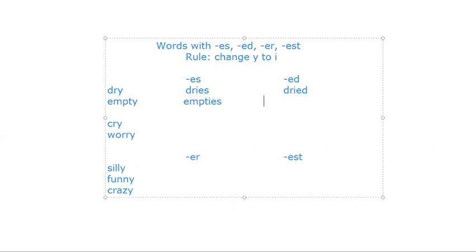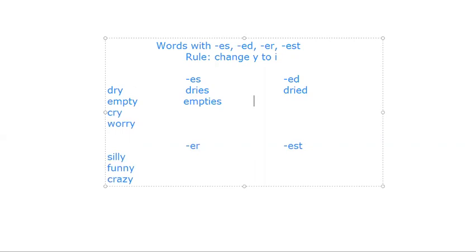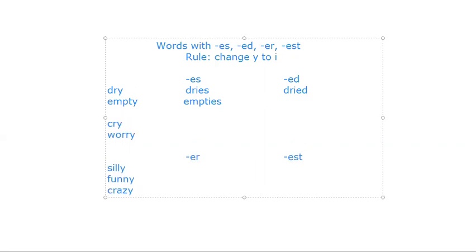If we wanted to say that we have emptied something that already happened, we would say it was emptied, to show that it is something that already happened, and we would add our ed after we changed the y to an i.